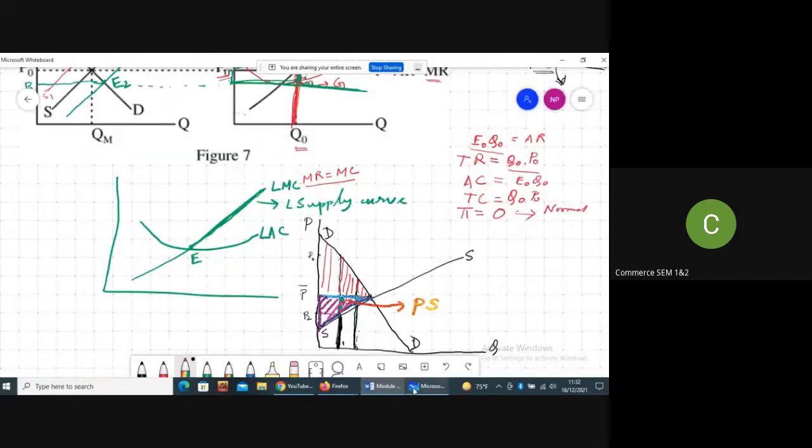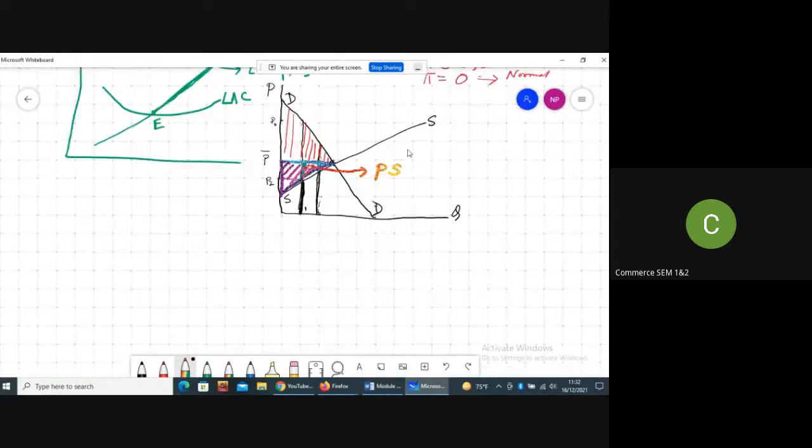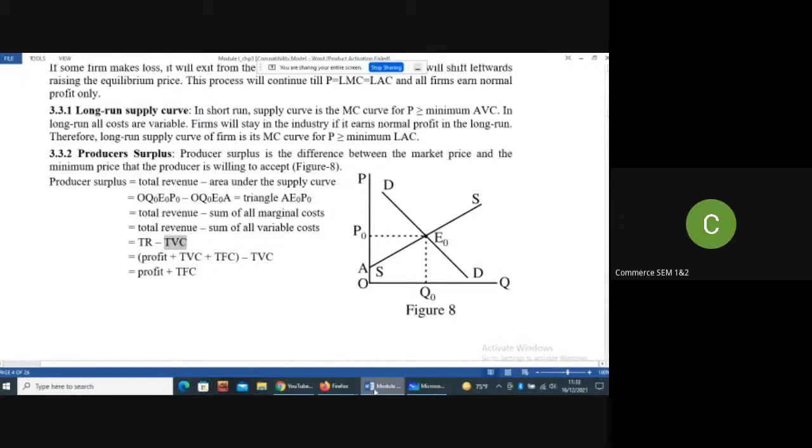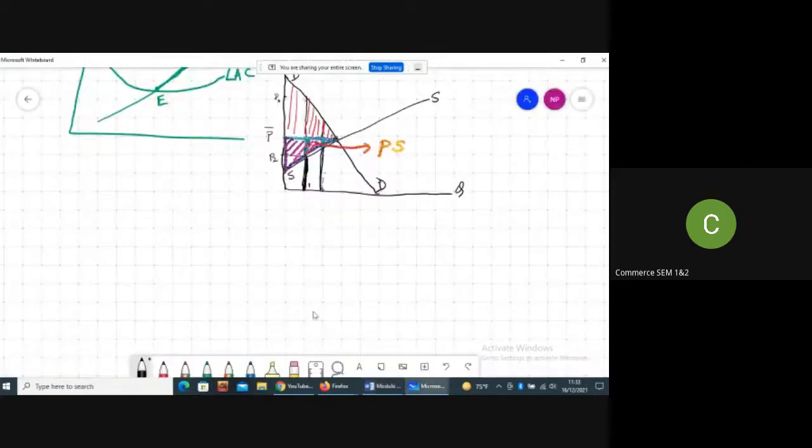Now we can write it like this: producer surplus is equal to total revenue minus TVC, total variable cost.